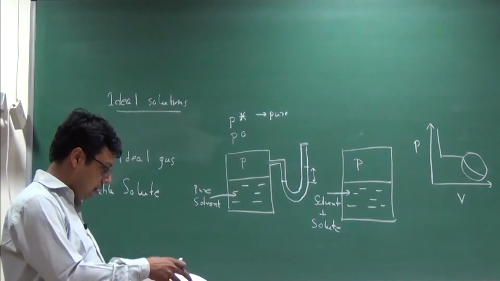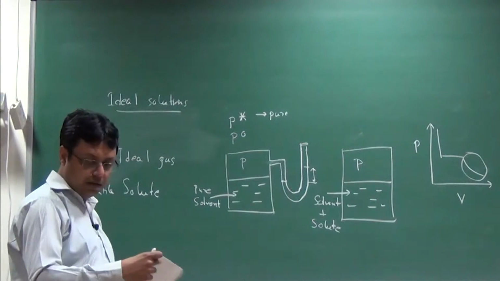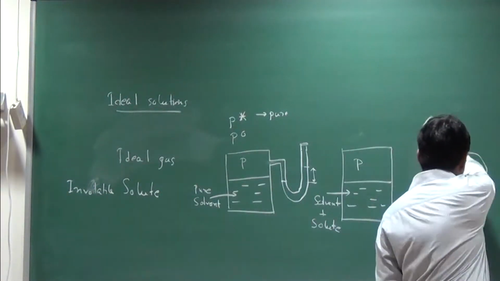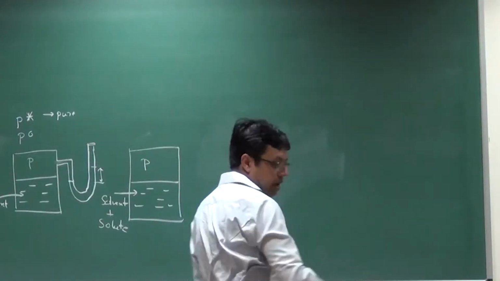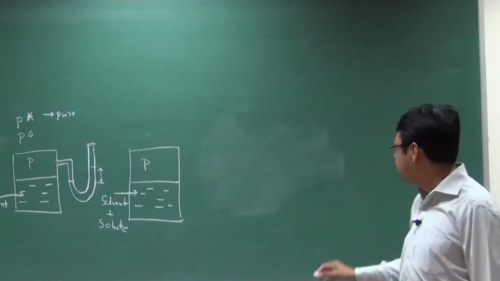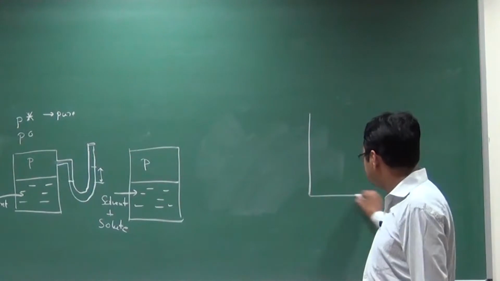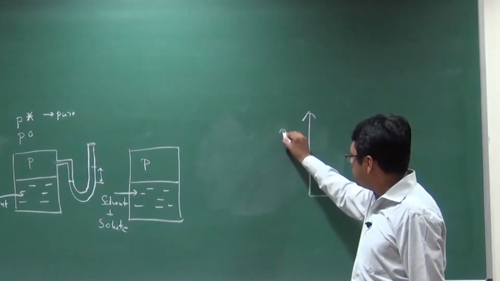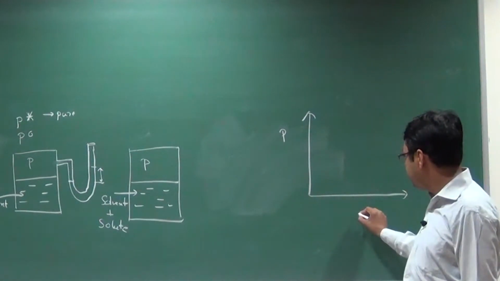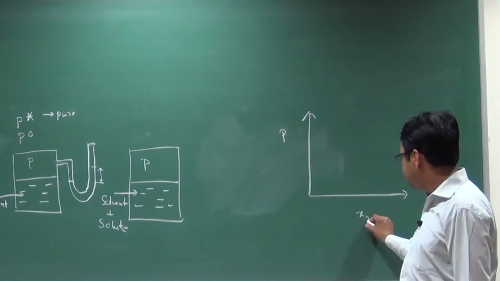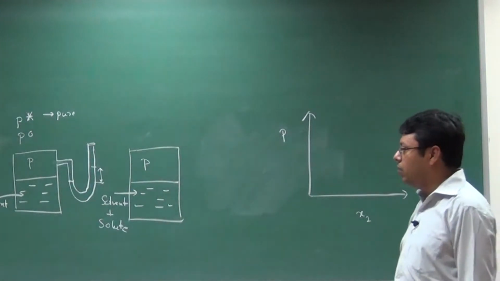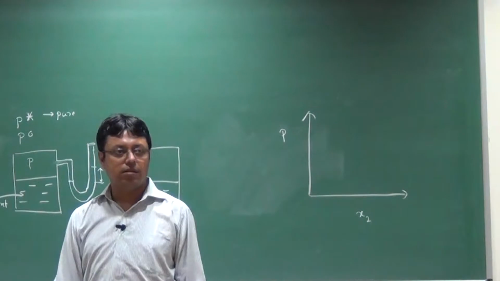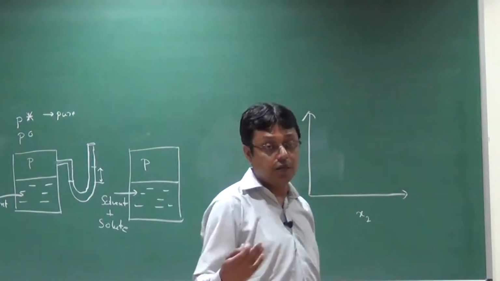Let us first try to understand how the vapor pressure should change as we increase the concentration of the solute. Suppose on this axis I am plotting pressure and on this axis the mole fraction of the solute. Solution means I have two components, solvent and solute.